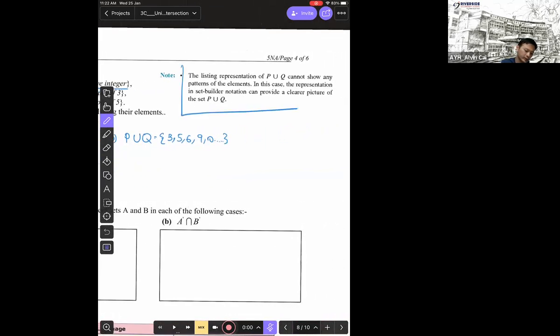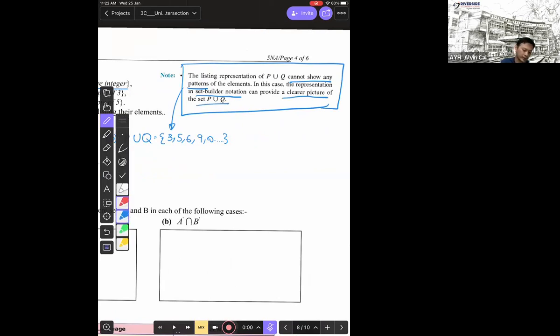But you can see that this listing cannot show any pattern. So in this case, set builder notation can provide a clearer picture. What do I mean by that? Instead of writing this, the preferred listing for P union Q is to use the set builder notation.